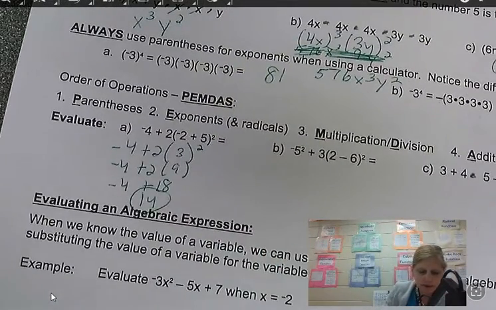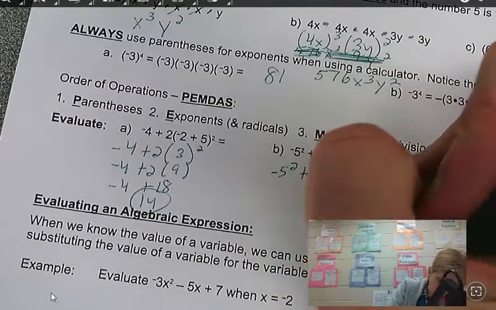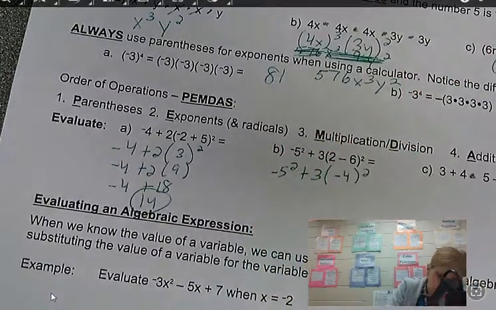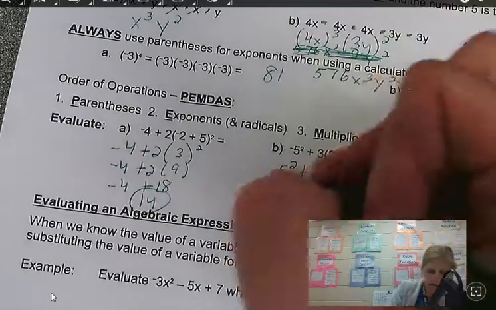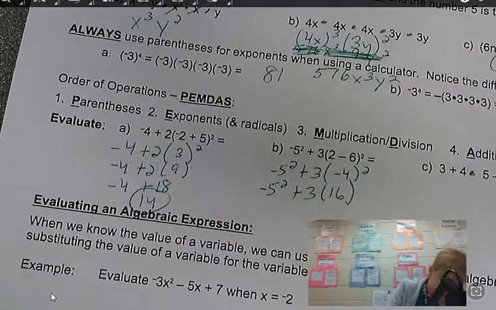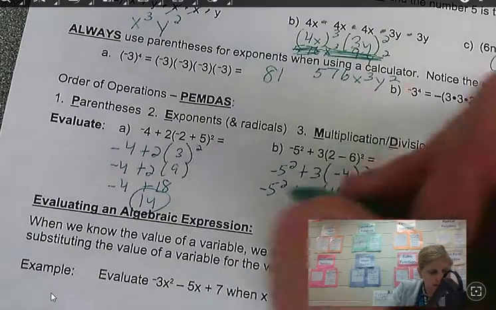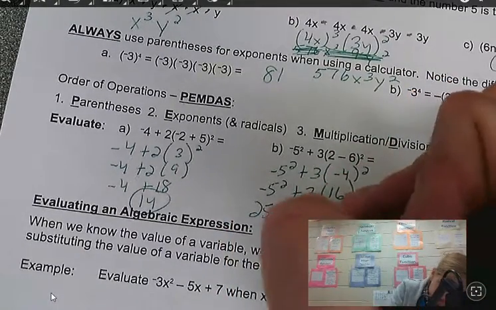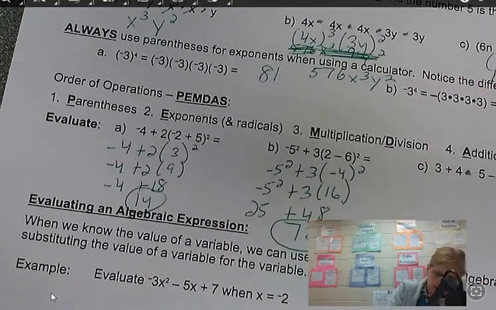Letter B, do your parentheses first. -5 squared plus 3 times -4 squared. What is -4 squared? Well, that would be 16. Be careful. This -5 squared is 25 plus 48, and I get 73.